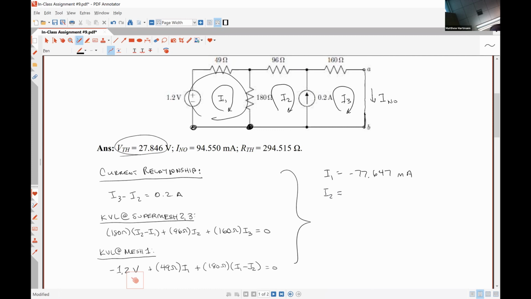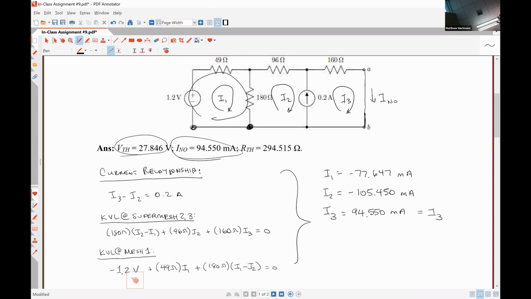I2 is negative 105.45 milliamps. And I3 is 94.550 milliamps. So what is I Norton going to be? Exactly equal to I3. So we got this answer.